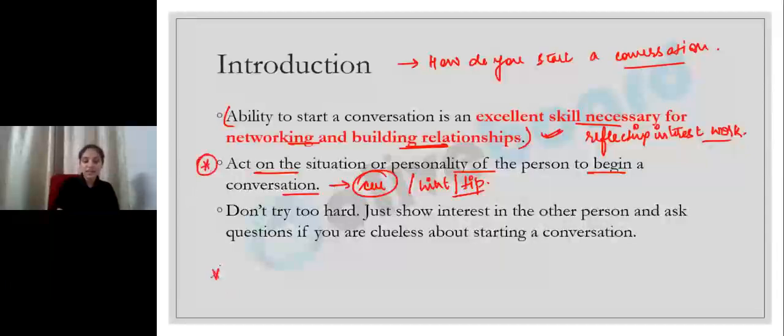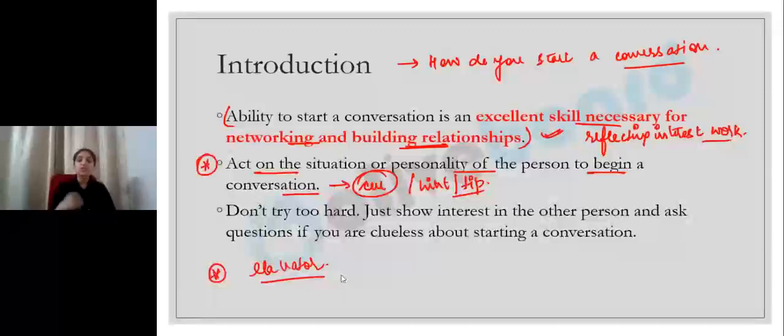Suppose you are in an elevator with a colleague of yours, right? This person could be your senior, or he or she could be your equal as well. You could comment upon the things that are going on around you.